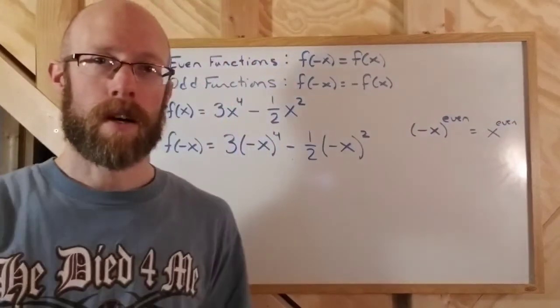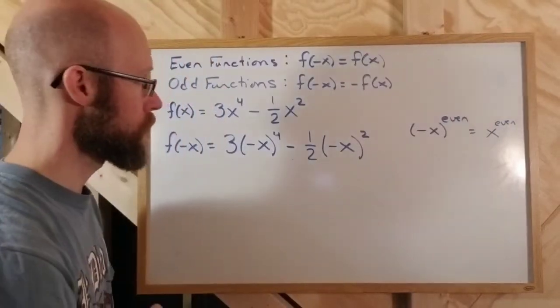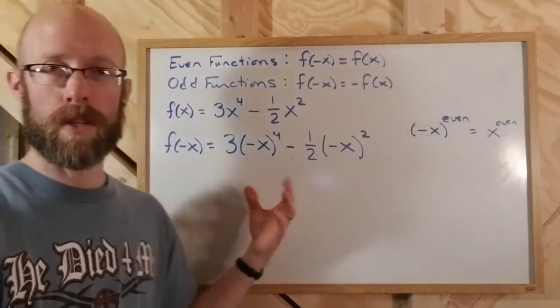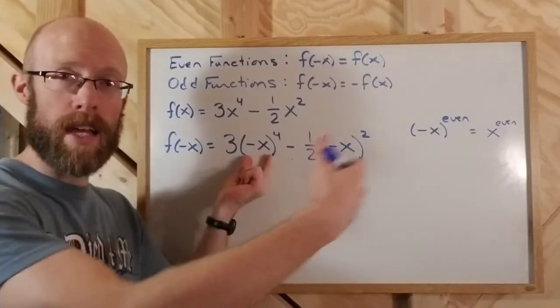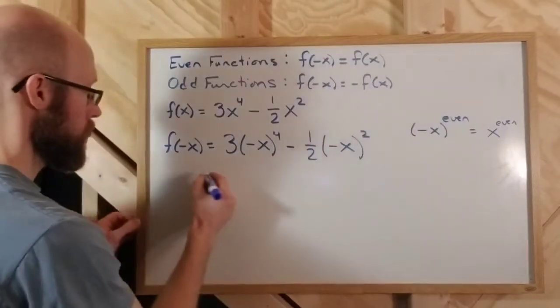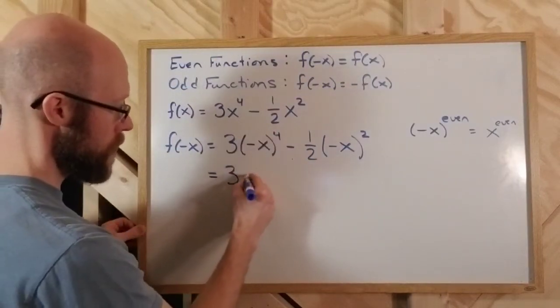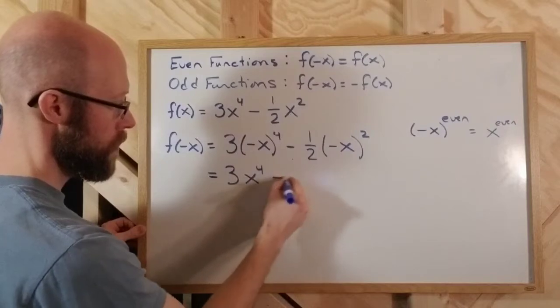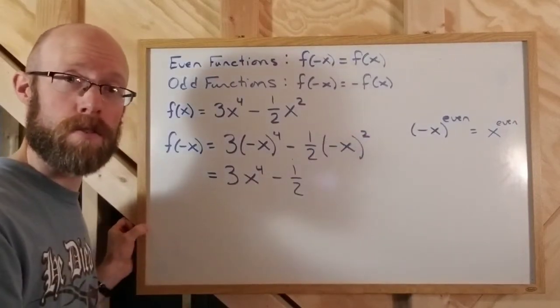So the sign won't matter, the answer will be the same. You could equate this to the definition of exponents, because you're multiplying 4 negatives together. So negative x to the fourth is the same as just x to the fourth. And negative x squared, by the same reasoning, is just simply x squared.